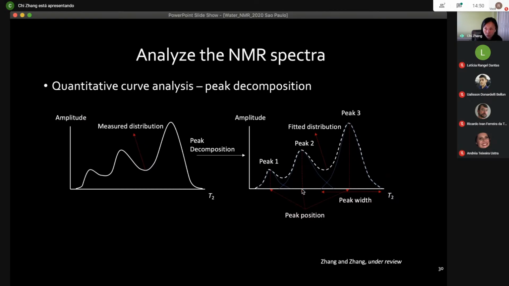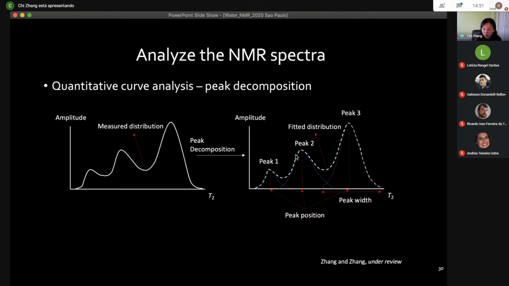So I'll give you a quick overview of the peak decomposition method. On the left is the regular T2 relaxation spectrum you can expect. The current way to analyze T2 relaxation time is usually very arbitrary and not very quantitative.